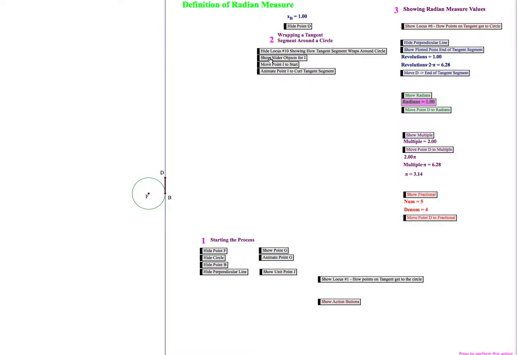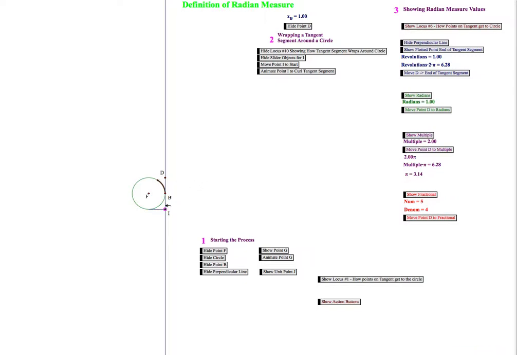And I'm going to create a slider, and I'm going to use the slider to wrap that segment along the circle. That sector from that point to F to B has an arc length of 1 radius. The angle from B to F to this point is 1 radian.